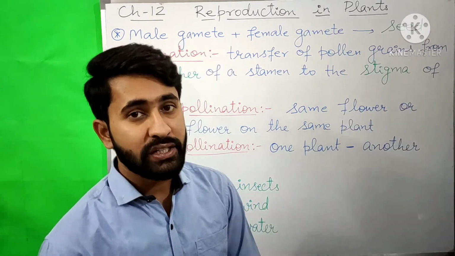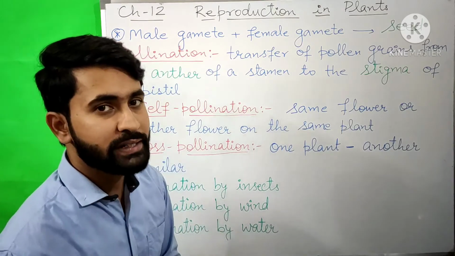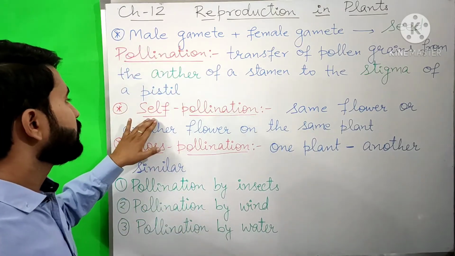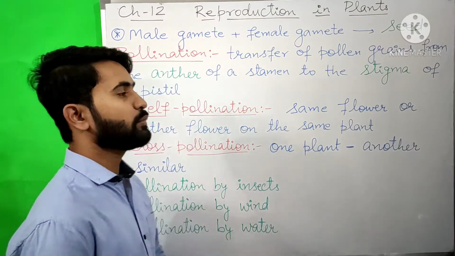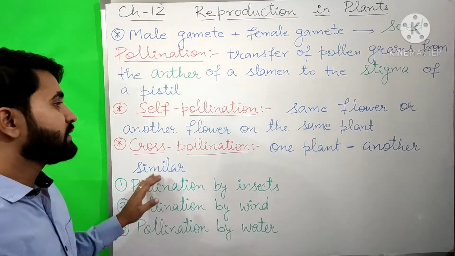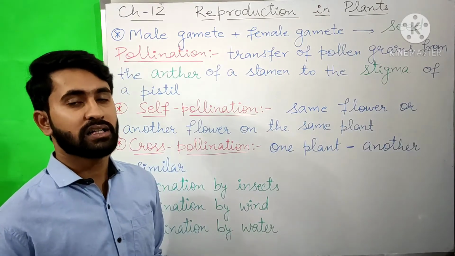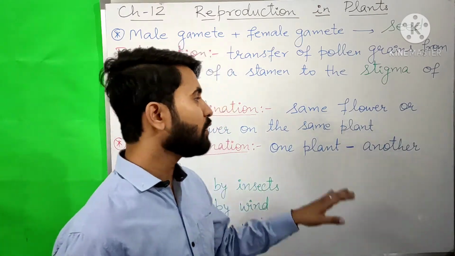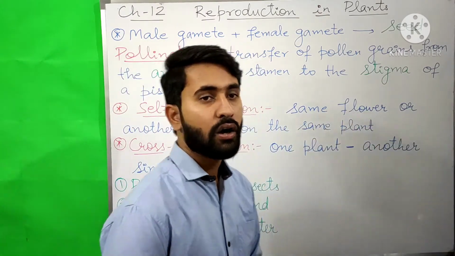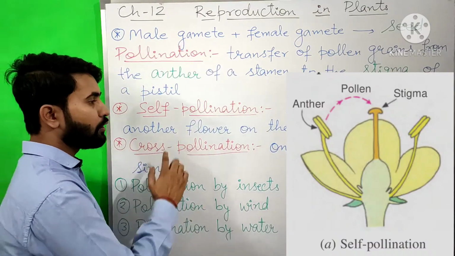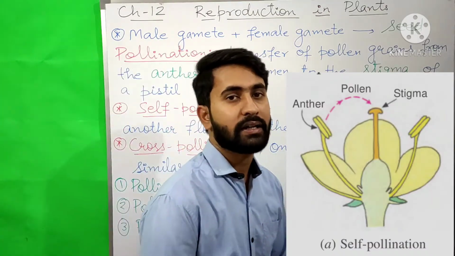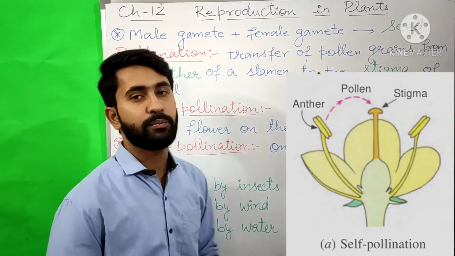Now the pollination can occur in two ways, that is self-pollination and cross-pollination. When the pollen grains from the anther of a flower are transferred to the stigma of the same flower or another flower on the same plant, it is known as self-pollination.